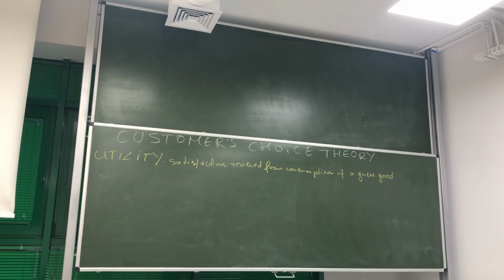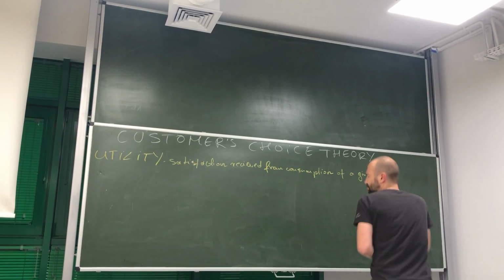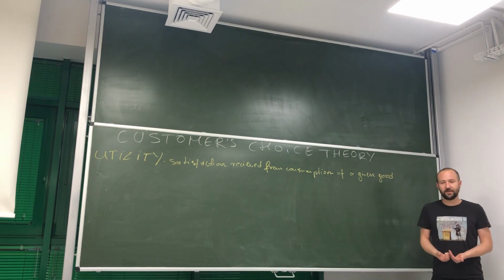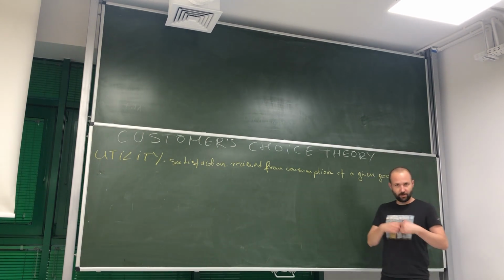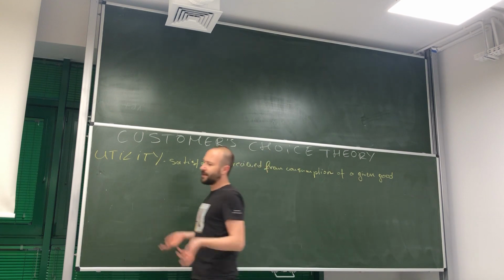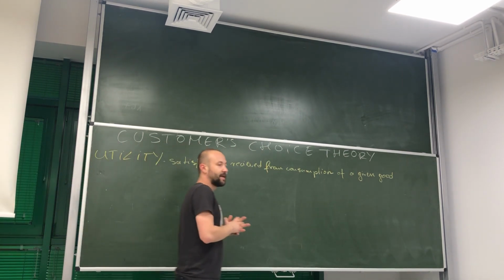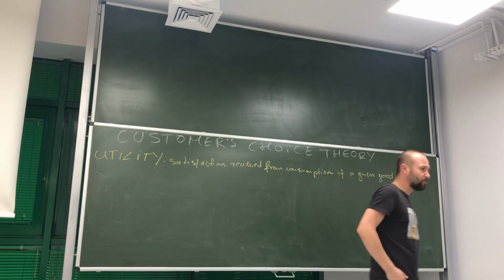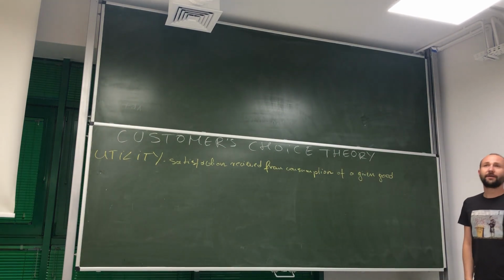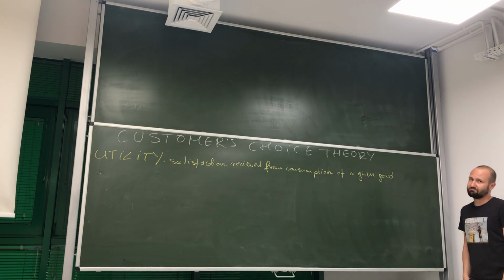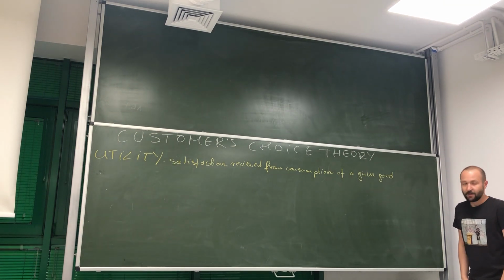Hi, in the previous video we revised a little bit the use of Lagrange multiplier and optimization under constraint. As it happens to be, we use Lagrange multiplier in economics very often.